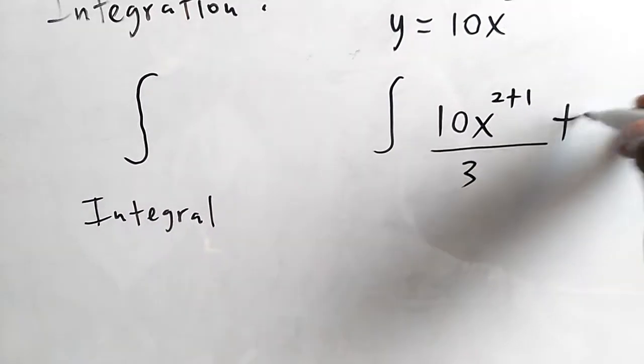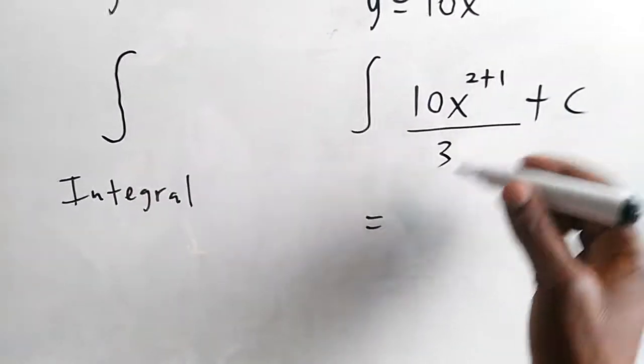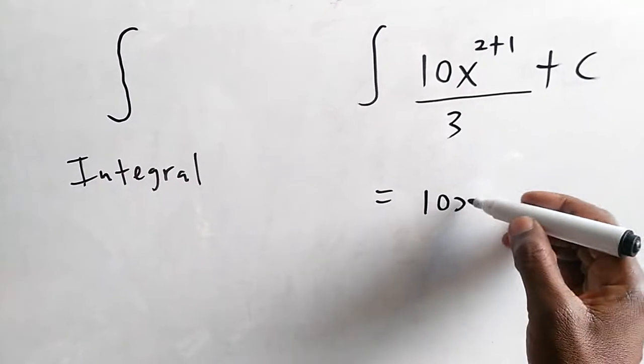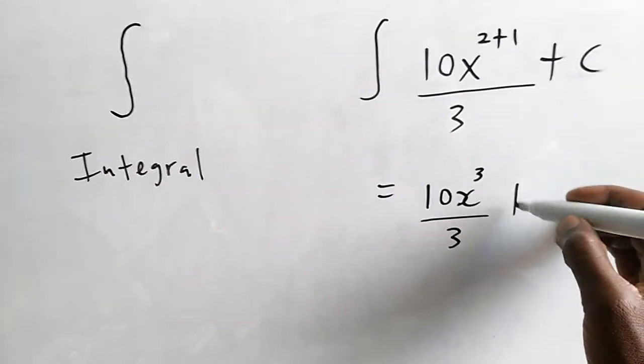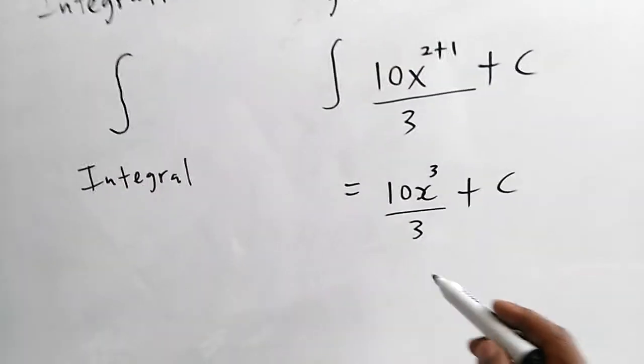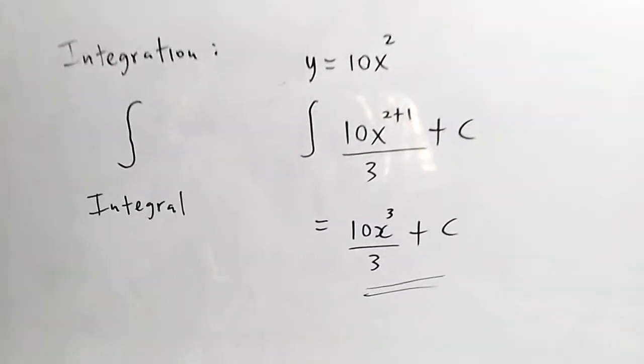That's when we'll add a constant. So from there, it's just a matter of showing that you were increasing the powers of x. Minus 3 plus that. That becomes the integral of 10x to the power 2. Okay.